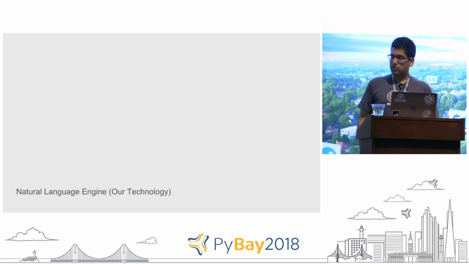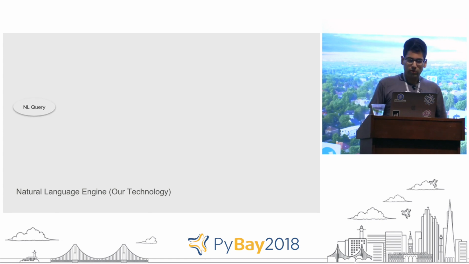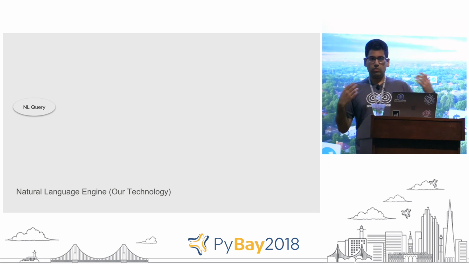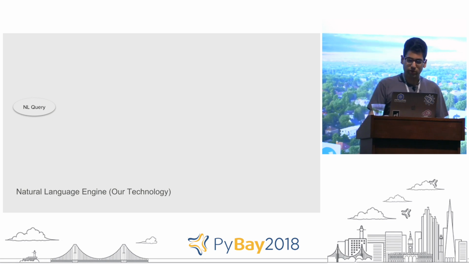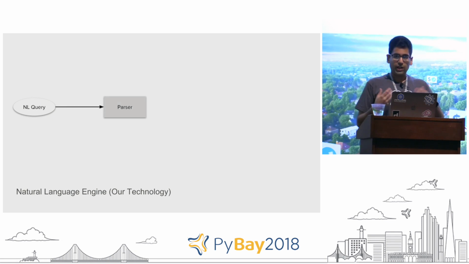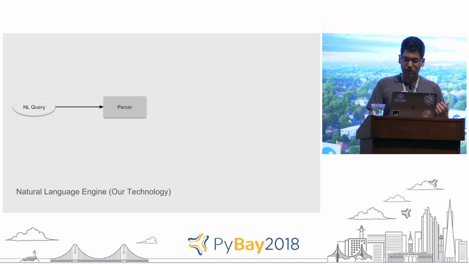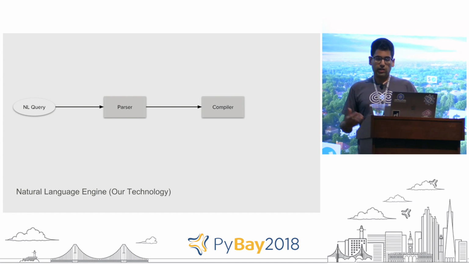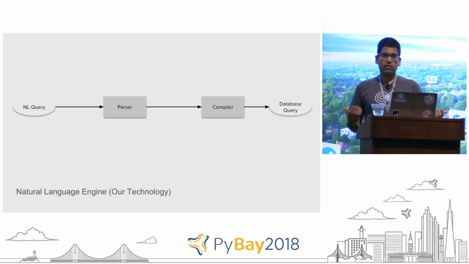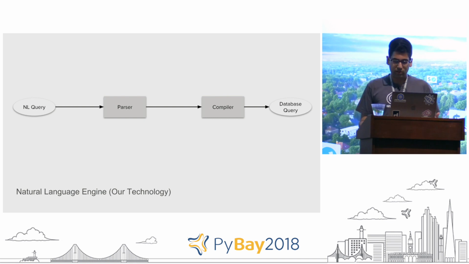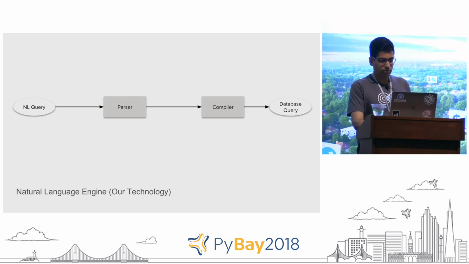To get started, I'll give you a brief primer on our technology. We're a natural language product. We start out with a natural language query. That query is then parsed by our proprietary parser into an intermediate language. That intermediate language is then fed into a compiler, and that compiler outputs a database query to access data.